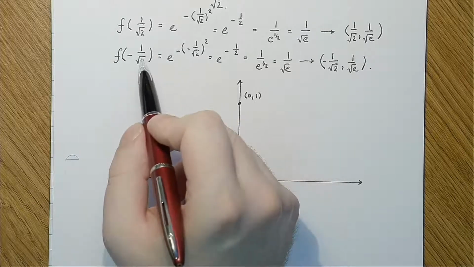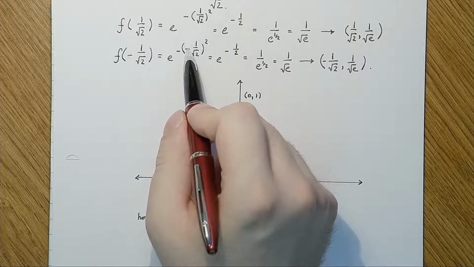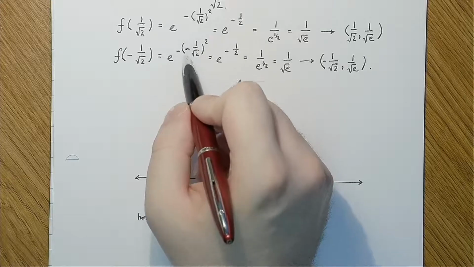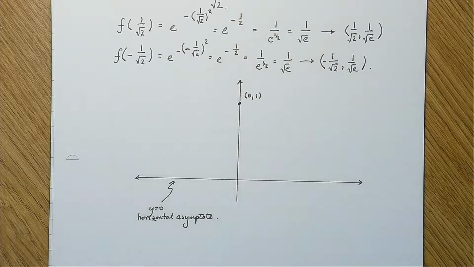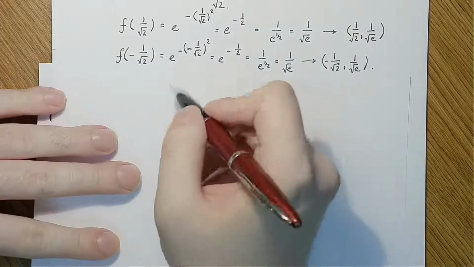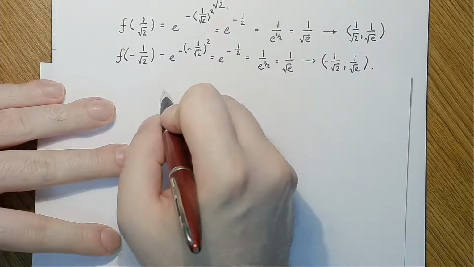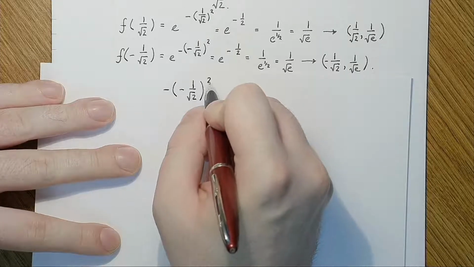Okay, so on the second one, the minus 1 over root 2. In this case, I have a minus here, and I have the bracket, so I have to apply the squared here. So I have a minus and a minus 1 over root 2 squared.